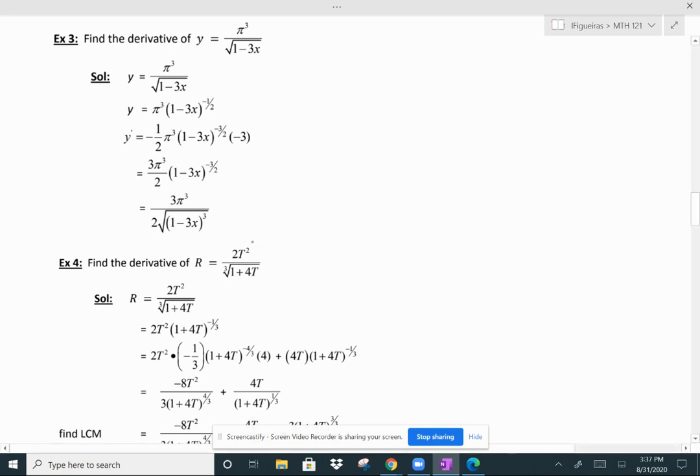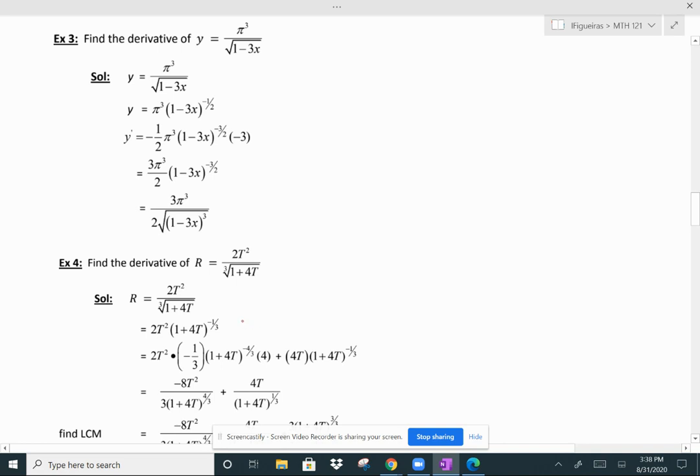Either you can apply quotient rule to this whole thing because it is a quotient of two functions where your denominator requires you to use chain rule just like it did in the previous example. Or you can apply product rule to this function by rewriting this as a product, which is what I did.